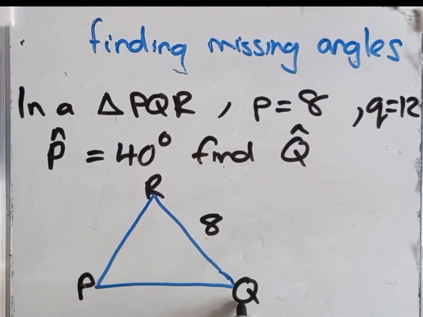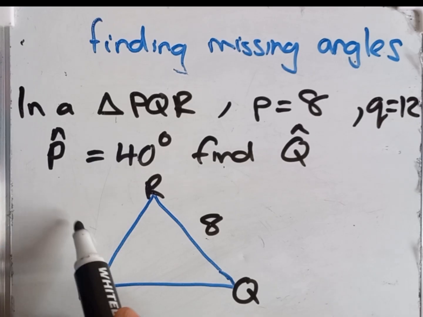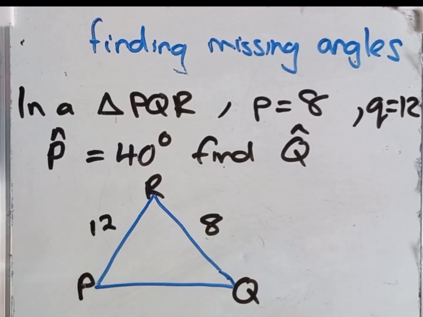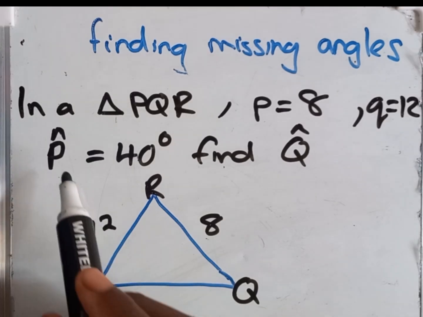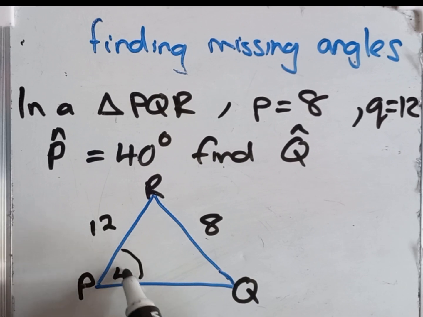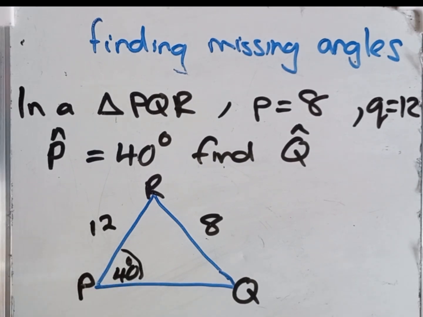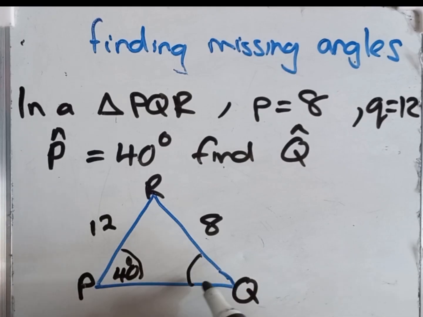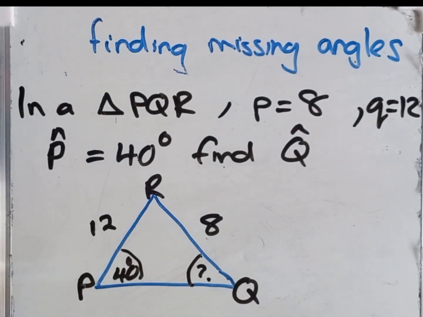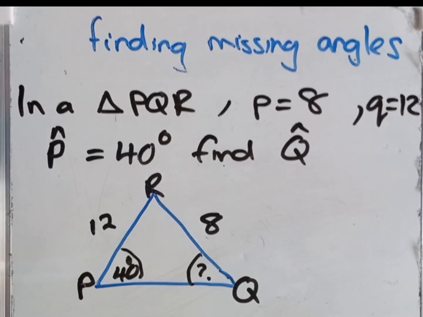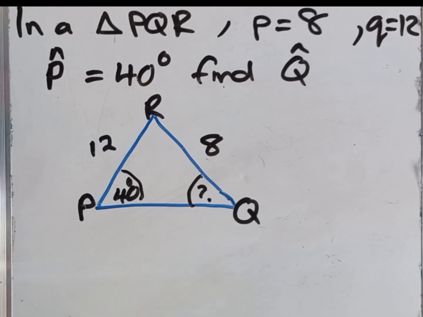Opposite to Q, we are given q is equal to 12. And then we are given angle P which is 40 degrees, and we are told to find the value of Q. So let us calculate. First thing first, we need to check whether we have a complete side where there is an angle and a corresponding side.